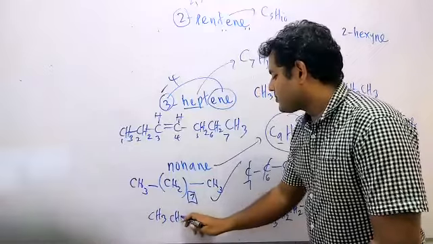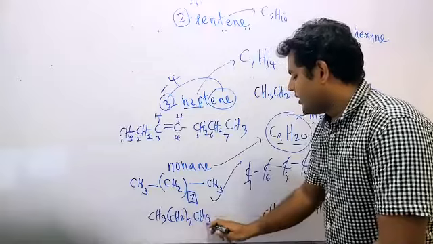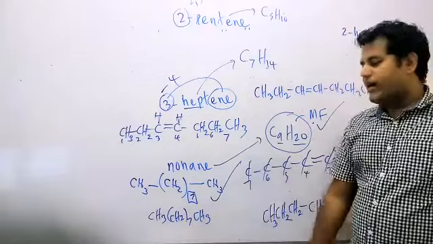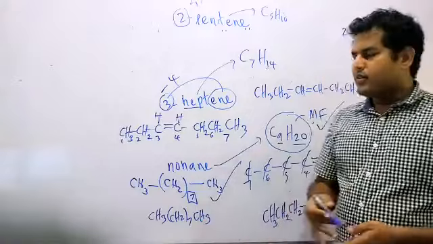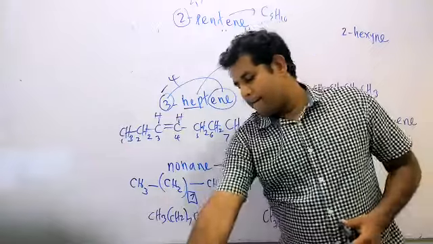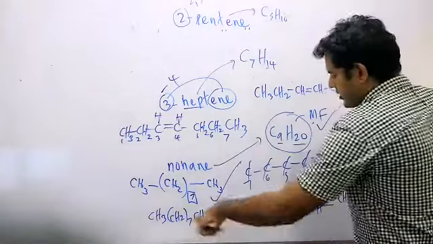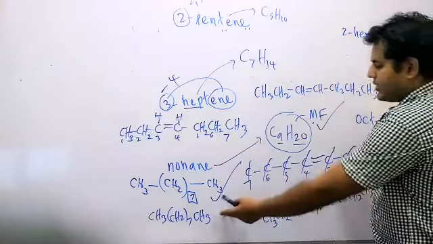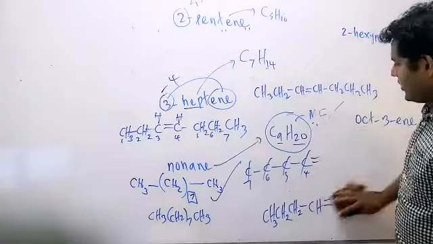CH3, single bond again, CH2 7, CH3. This is also possible. I have seen this. Okay. Both are correct. So just writing patterns. This is better, this version, the last one.